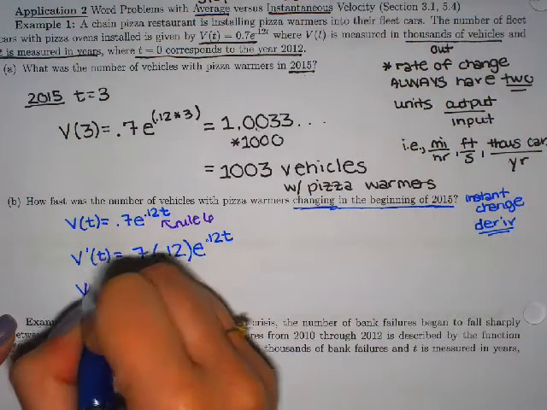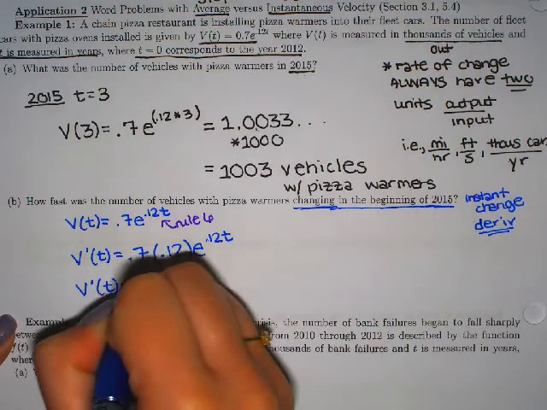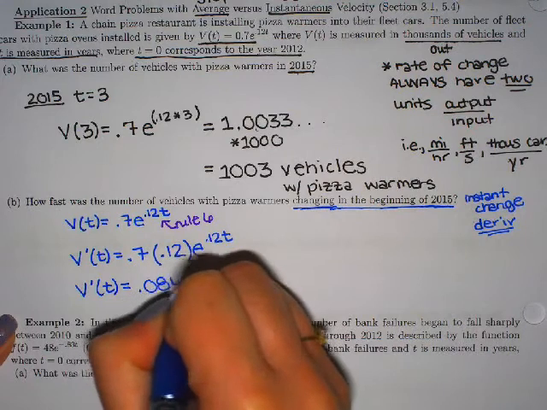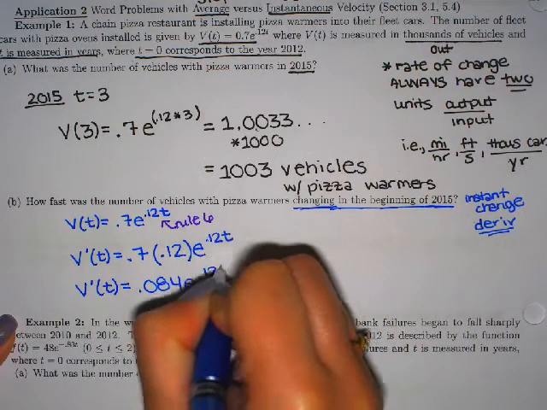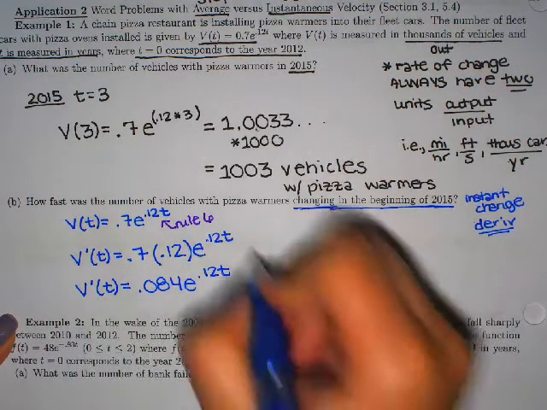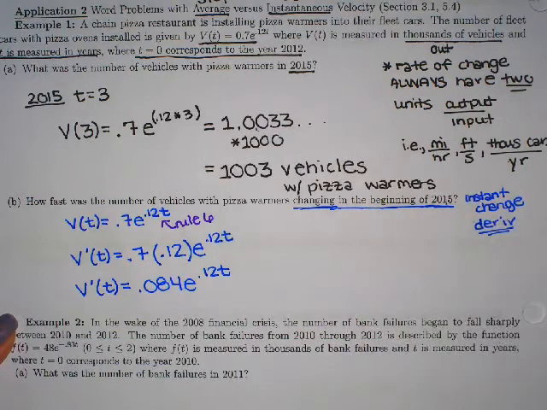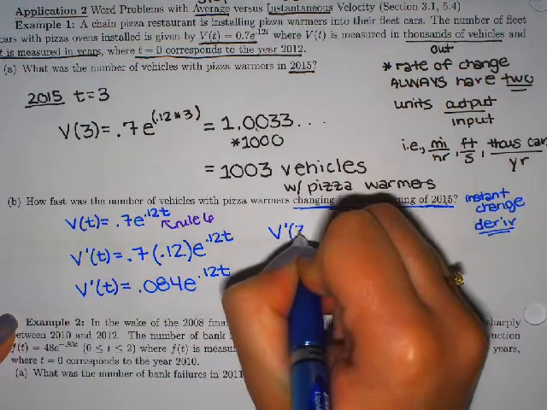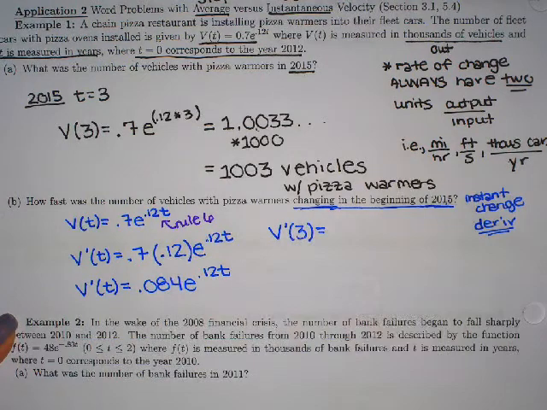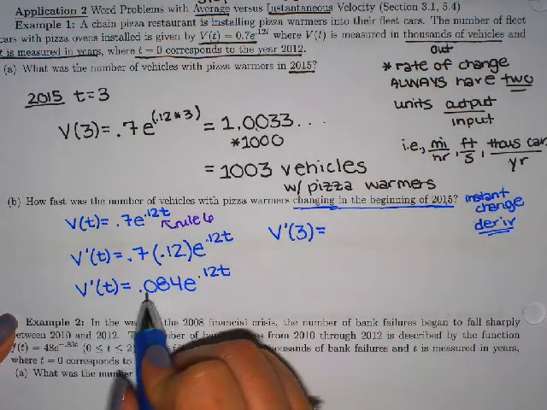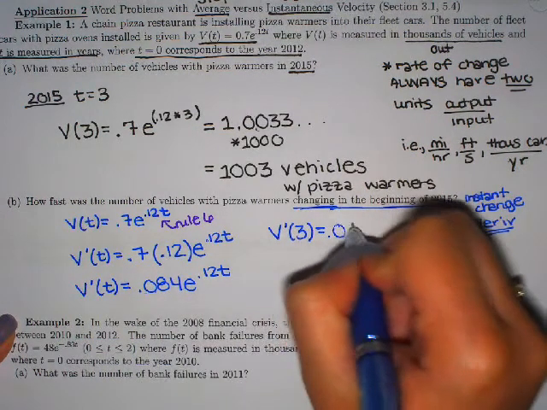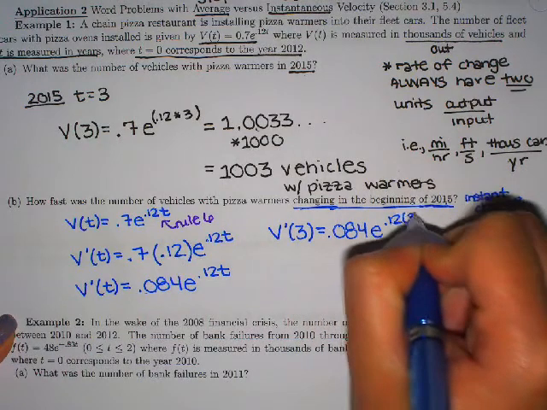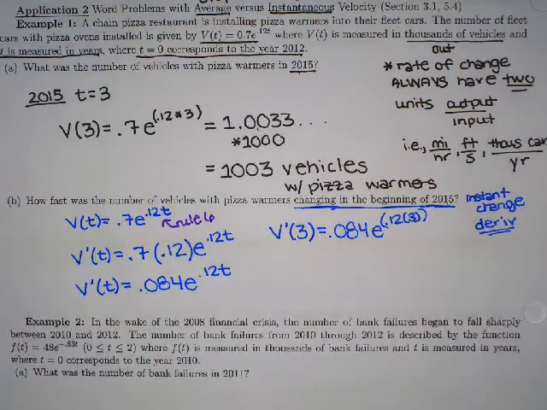Something I could do here is multiply these constants together, if that makes it easier. 0.7 times 0.12 is 0.084 e to the 0.12t, and this will tell me the change for any instant. But I'm asked how fast it's changing in 2015, which we already said was t equals 3. So I'm going to do v prime of 3, and plugging into my calculator, I have 0.084 e to the 0.12 times 3.